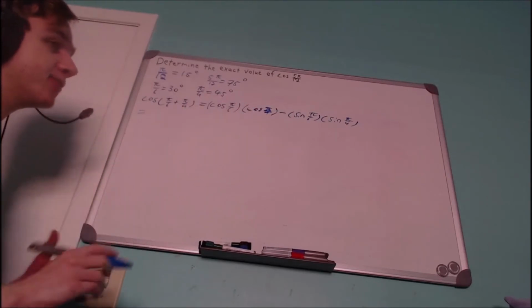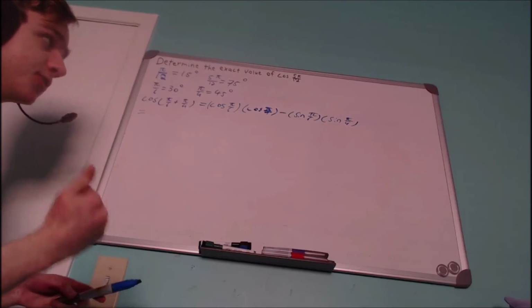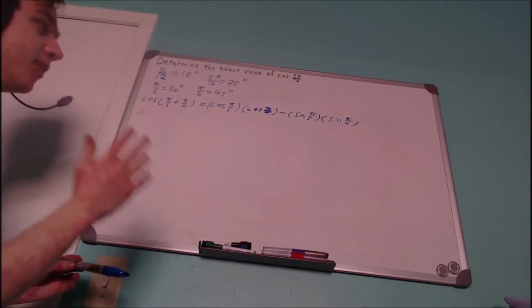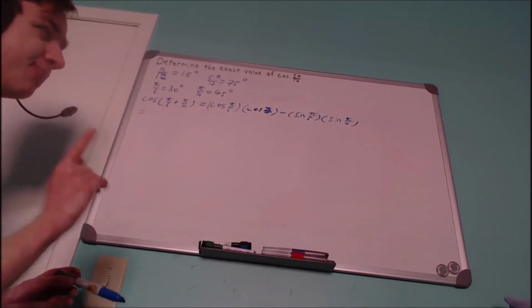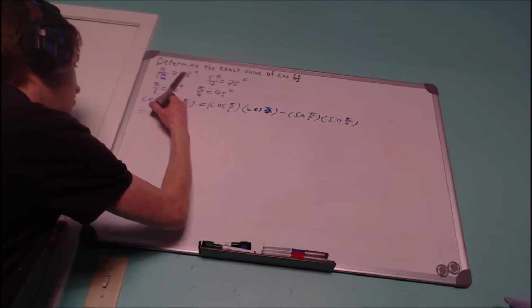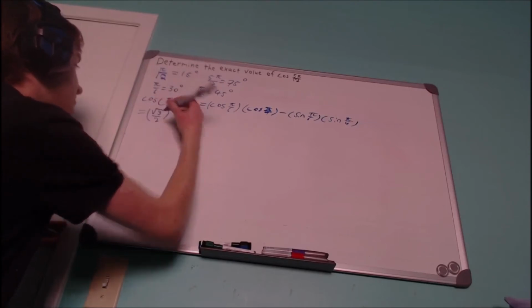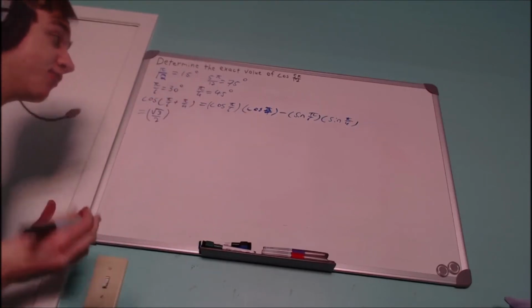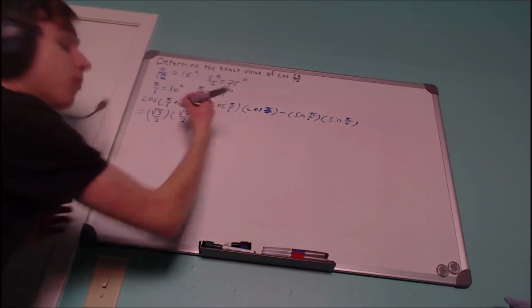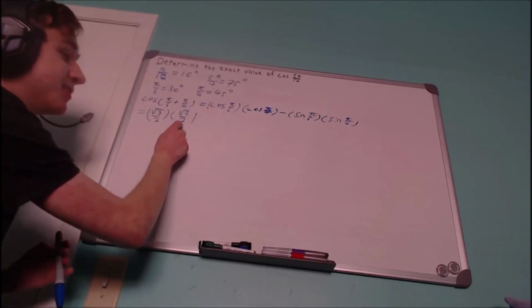So cos of pi over 6, if we think of the unit circle, pi over 6, that's 30 degrees. The value for cosine at pi over 6 is root 3 over 2. So we can have root 3 over 2, put that in brackets, times cos pi over 4, and that is root 2 over 2, or 1 over root 2, it doesn't matter, this is just the more proper way.